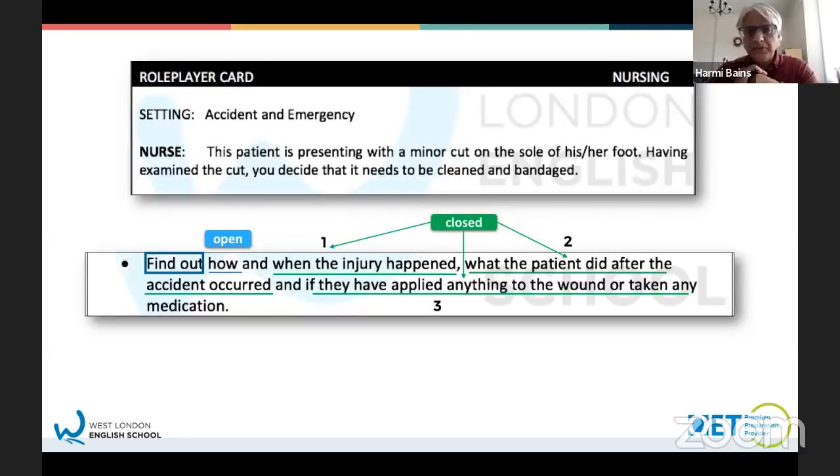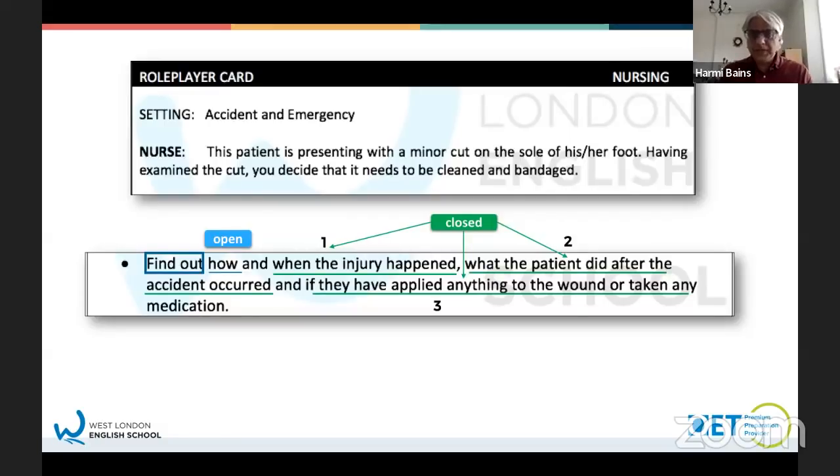So actually what you've got there, when you look at it closely, is 4 different questions you need to ask. And again, you need to really be aware of your questions. You need to make sure your first question is open. You might want to use an indirect question as well.